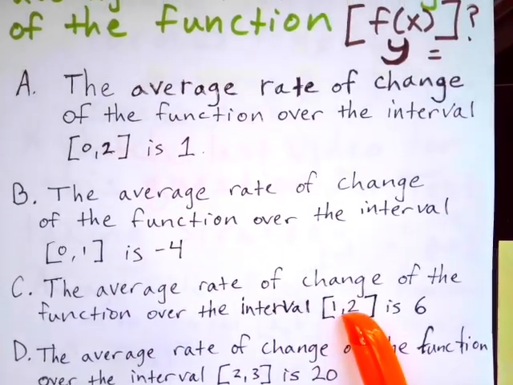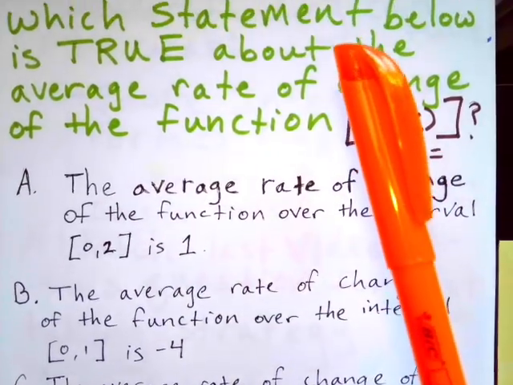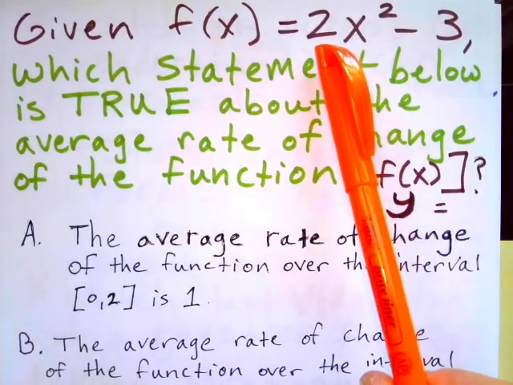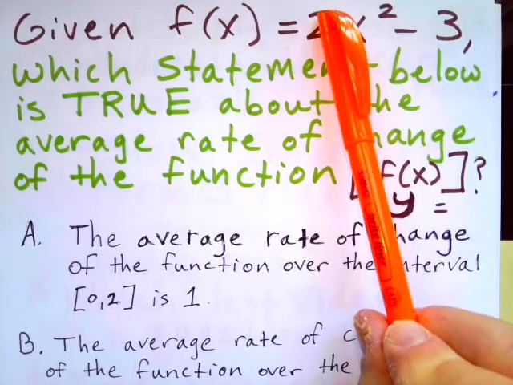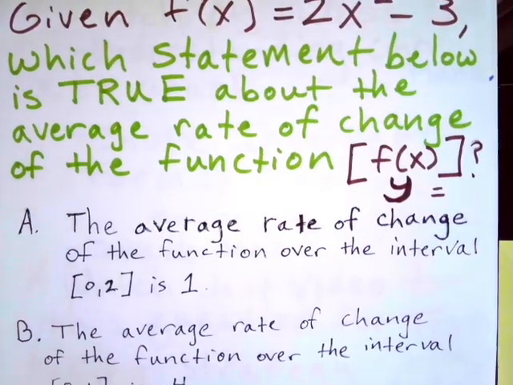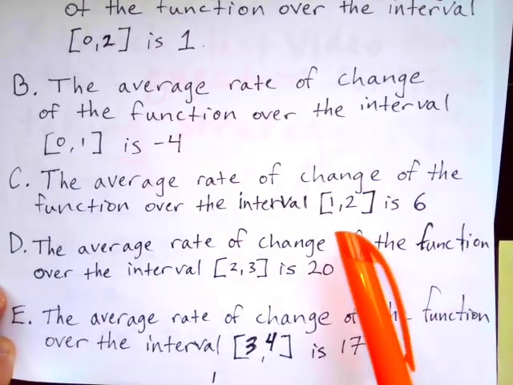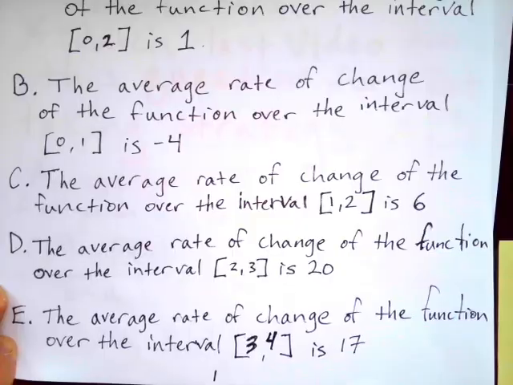Only 1 and 2 match up with the function given in the problem, with your slope being 2 over 1, 2 representing the y, 1 representing the x, and you can see that down here below.